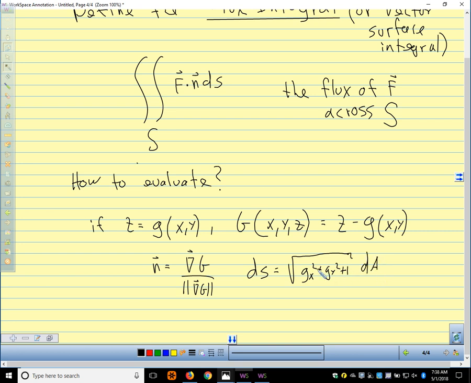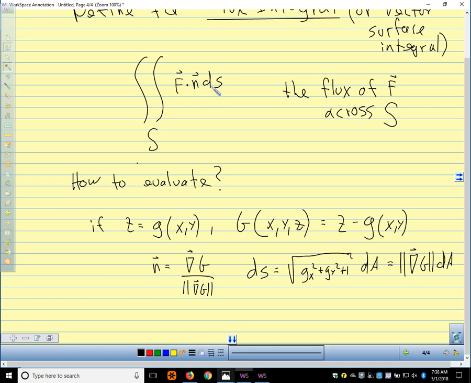And we decided this square root of g sub x squared plus g sub y squared plus 1 is, for this surface, the magnitude of del g. Del g is partial of x, i hat, plus partial of y, j hat, minus partial of z, k hat, because the partial with respect to z is 1. Take the magnitude of that.